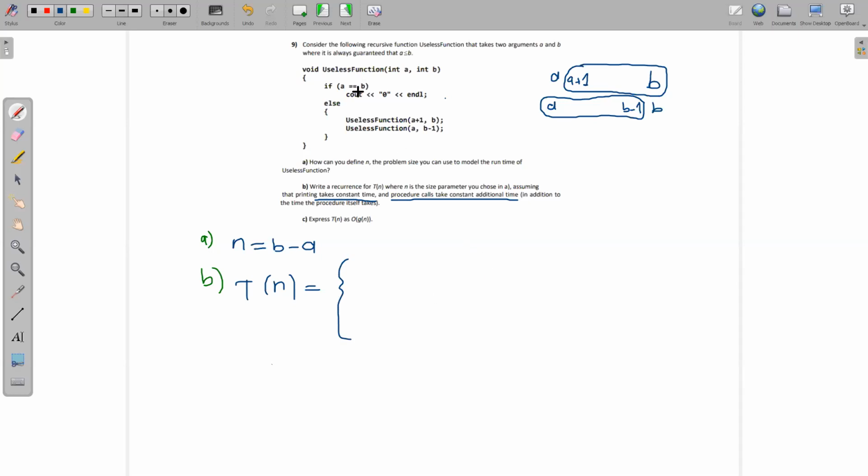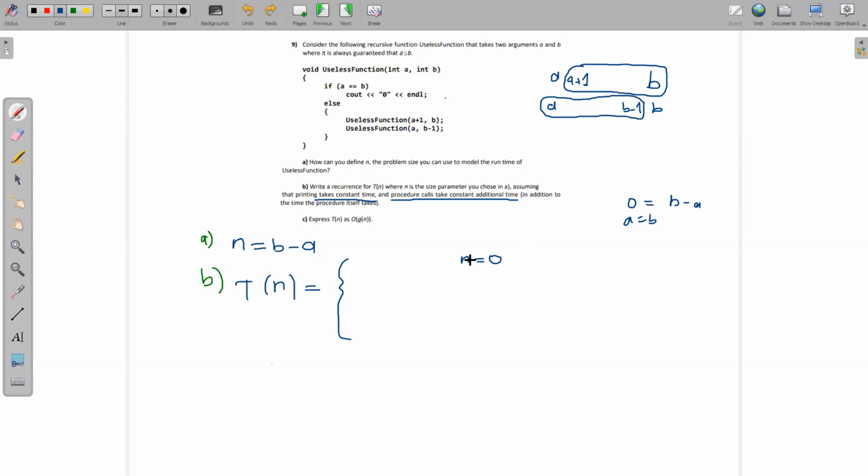when n is 0, what does it mean? When n is 0, it means that a and b are equal to each other. So if n is 0, then it means that a is equal to b. So this case.